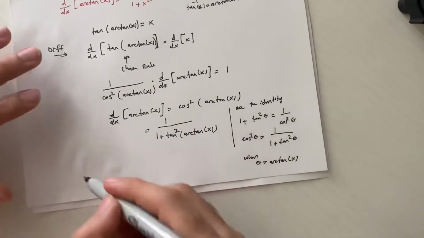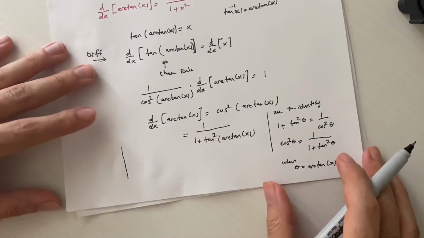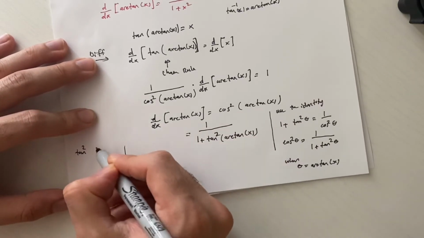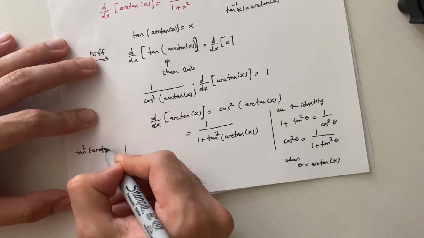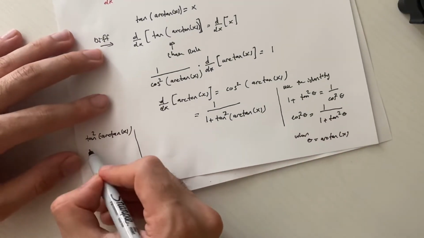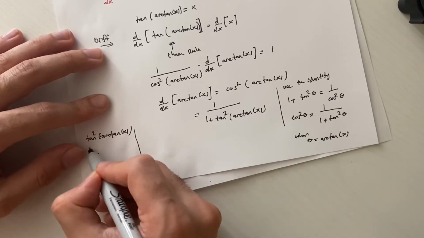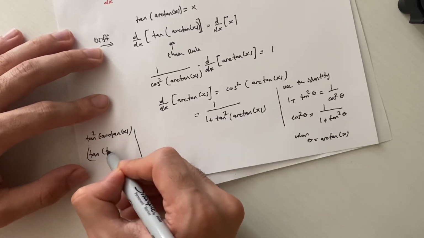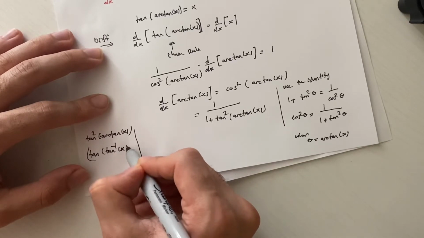Now I'm going to take this term, tan squared of arctan of x, and rewrite it in a different format to find its value. So the term can be written as tan of arctan of x, all squared.